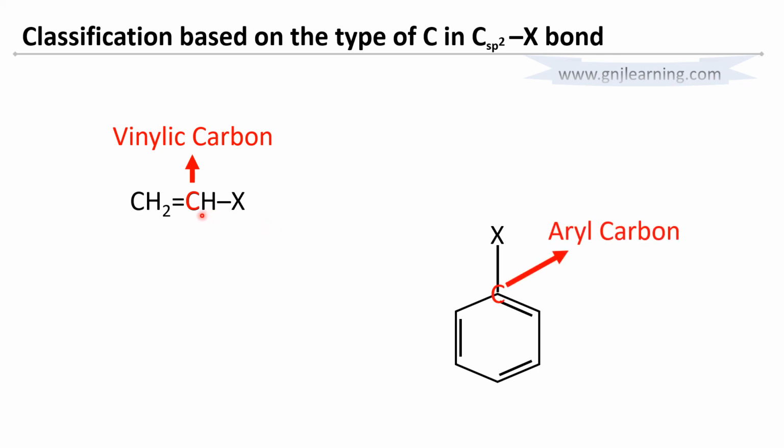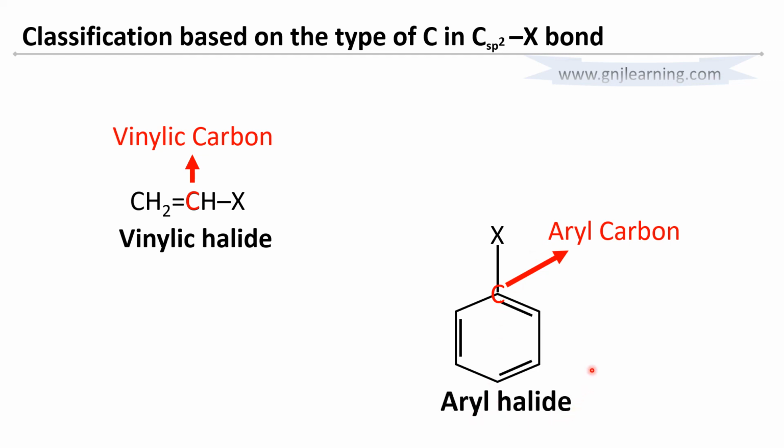So if it is part of an aliphatic compound, we call that carbon which is sp2 hybridized a vinylic carbon, and if it is part of a benzene ring, we call it an aryl carbon. Correspondingly, halides can be classified as vinylic halide and aryl halide.